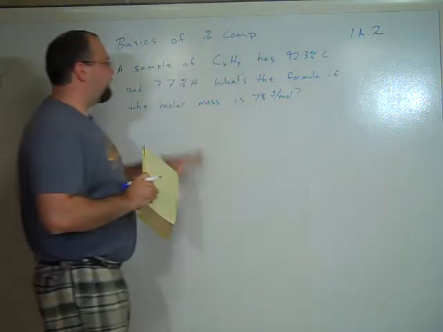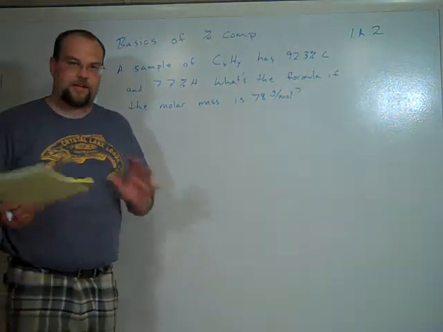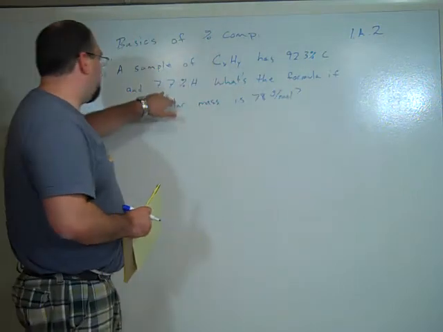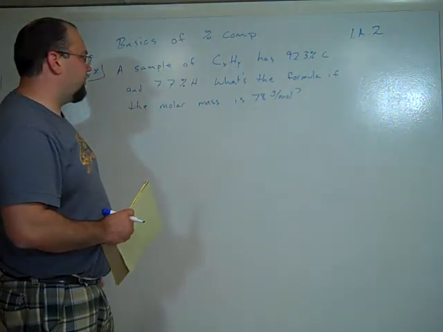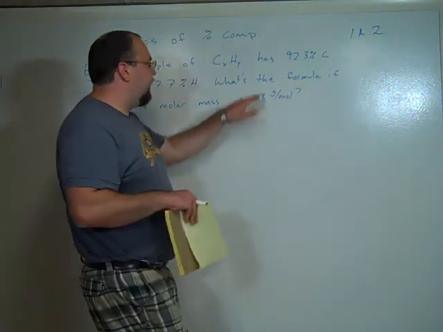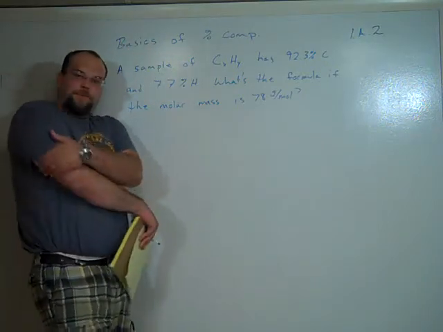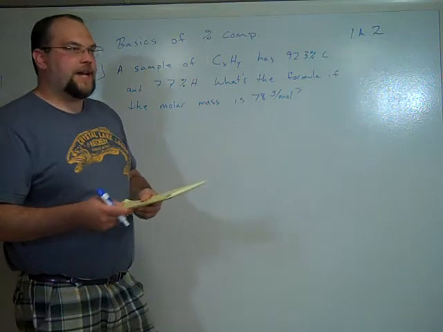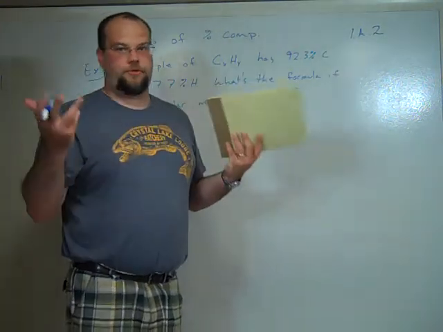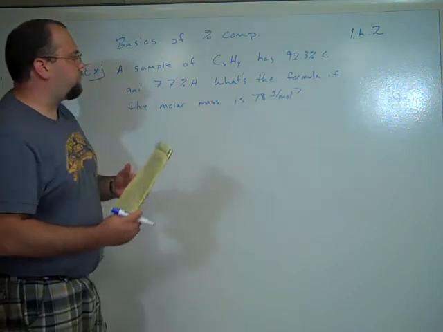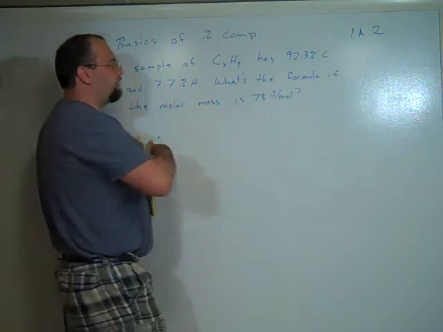So I have a hydrocarbon, CxHy. It is 92.3% carbon and 7.7% hydrogen. I want to know what the formula is if the molar mass of that compound is 78 grams per mole. Now, this is actually a fairly common, everyday chemical problem. Mass spectrometers will pump out answers in percentages.